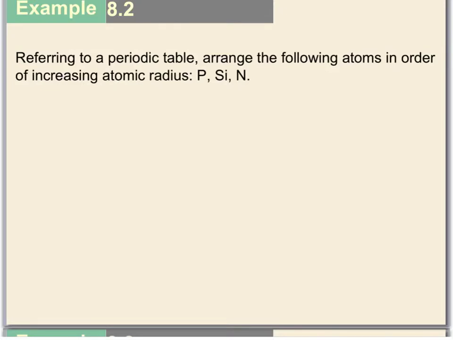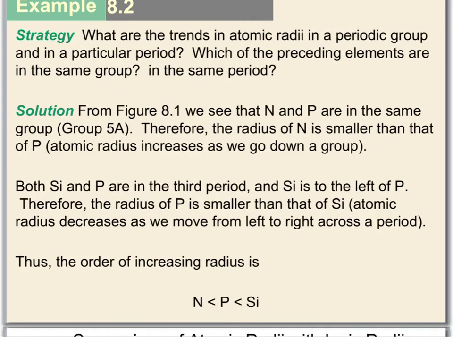So let's examine a real problem. If we refer to a periodic table, arrange the following atoms in order of increasing atomic radius: phosphorus, silicon, and nitrogen. From examining a periodic table, we see that nitrogen and phosphorus are in the same group, 5A. Since we know that as we go down the periodic table, radius increases, phosphorus must be bigger than nitrogen.